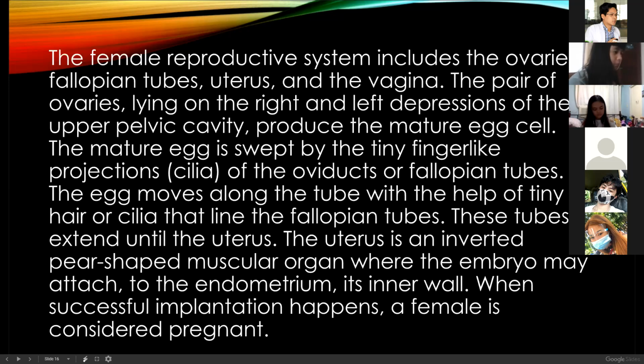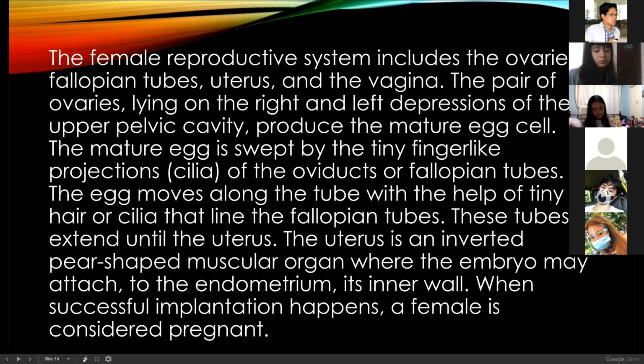The mature egg is swept by tiny finger-like projections, the cilia of the oviducts or fallopian tubes. The egg moves along the tube with the help of tiny hair-like structures called cilia, singular cilium, that line the fallopian tubes. These tubes extend until the uterus. This is one of the organs of locomotion for your egg to travel.